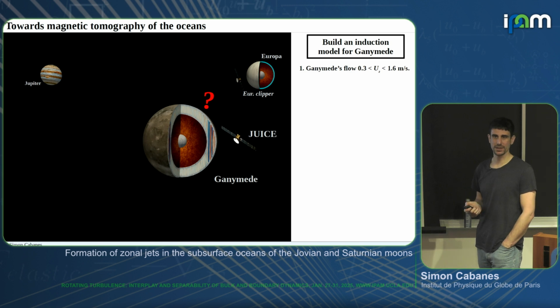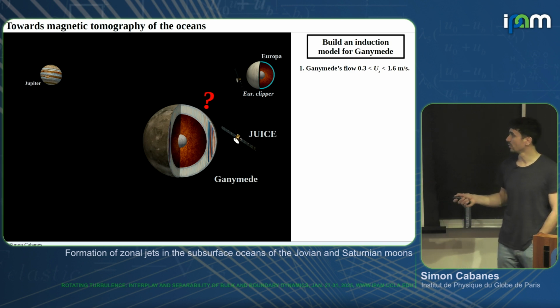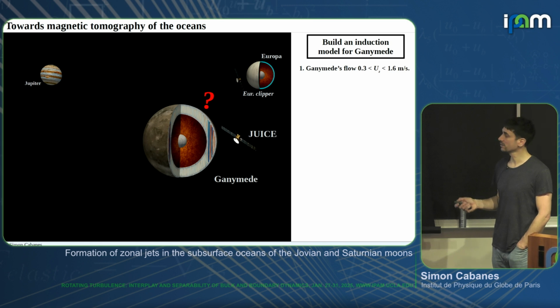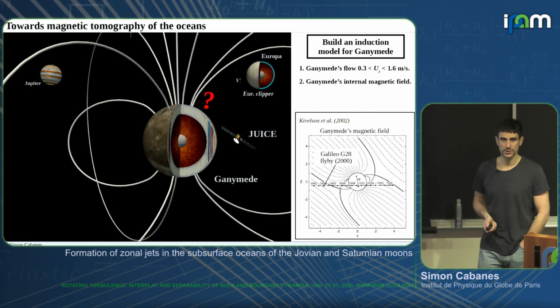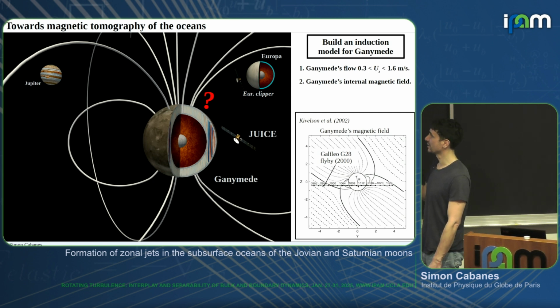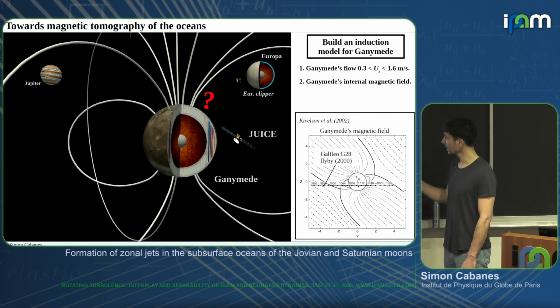So what do we have in that induction model? First, we use the flow pattern from the previous study, and we set the maximum velocity to be about 0.3 to 1.6 as we are in Ganymede. All right, so we have flow pattern, some velocity prediction. Second, we have to reproduce the full magnetic environment of Ganymede. So first, we have to put the Ganymede internal magnetic field.